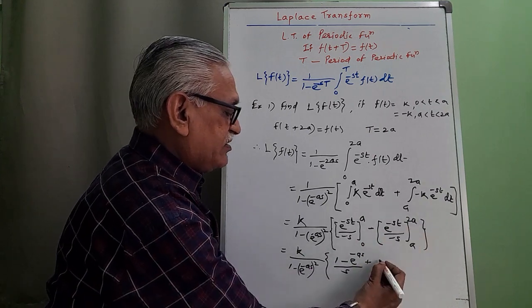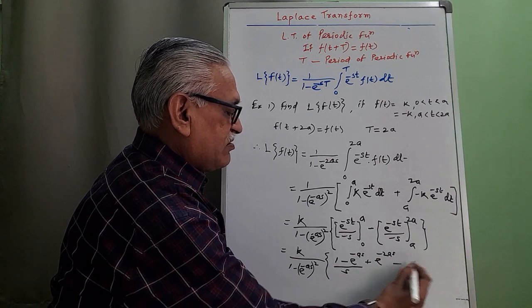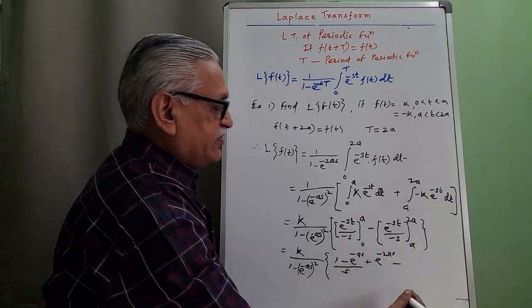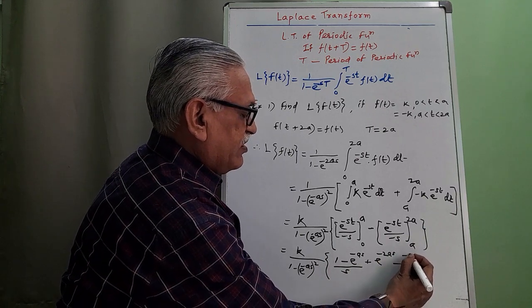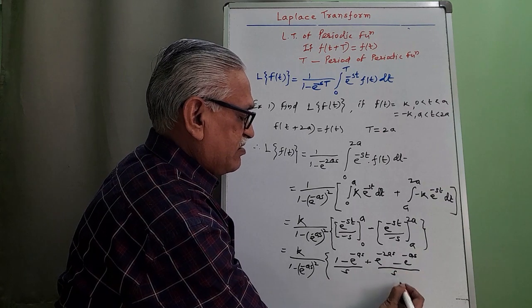Again upper limit e raised to minus 2as minus lower limit e raised to minus as, whole divided by s.